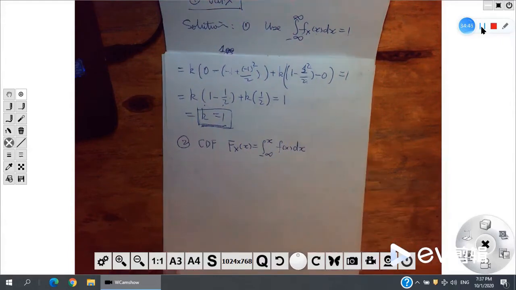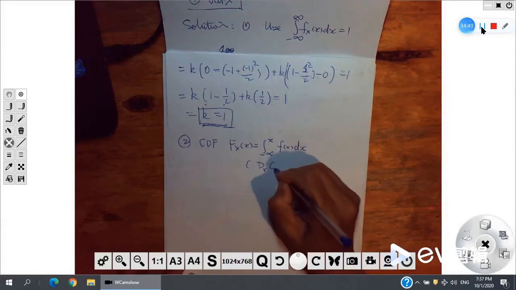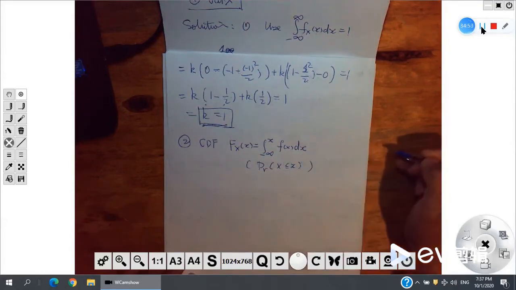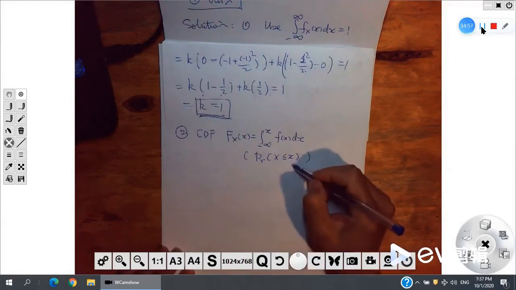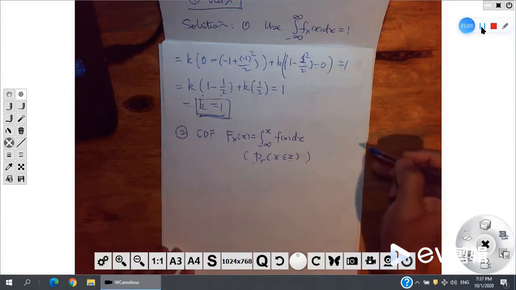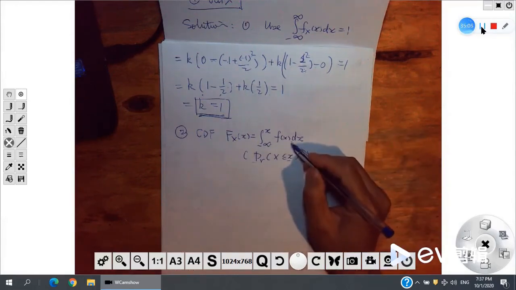Actually, this is the probability that capital X is smaller than x. So you need the integral from -infinity to x, and integrating this gives you that probability. Okay, then how to calculate this?